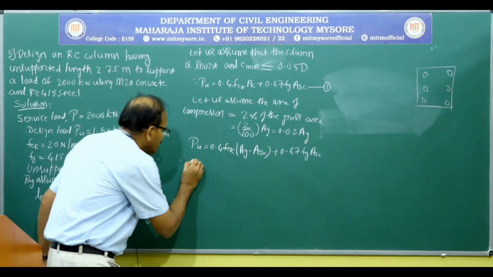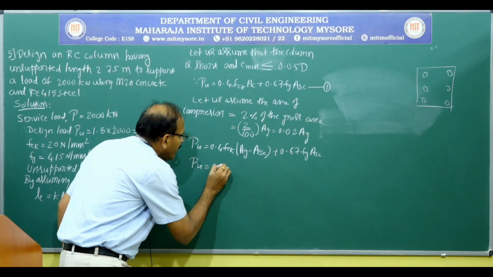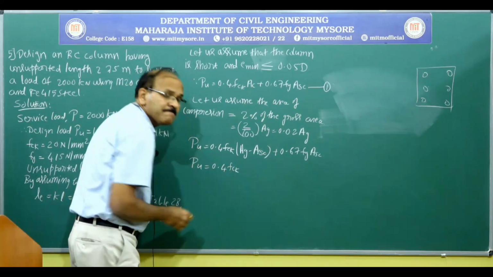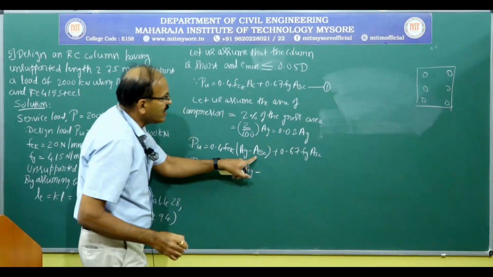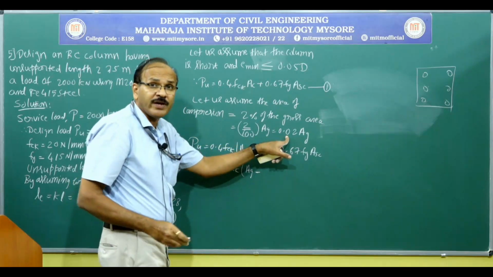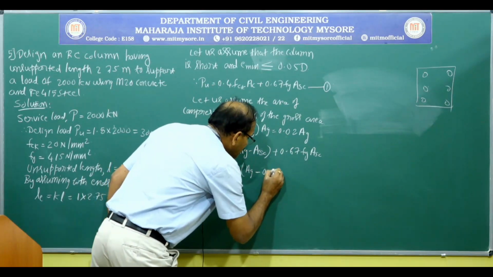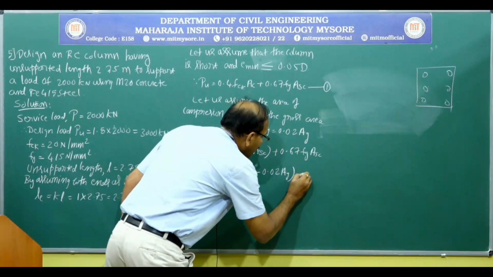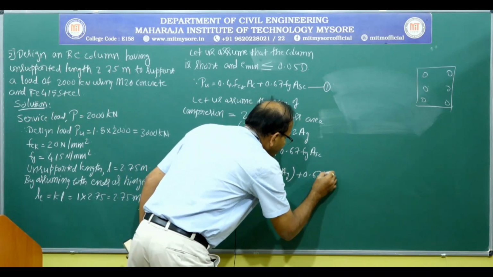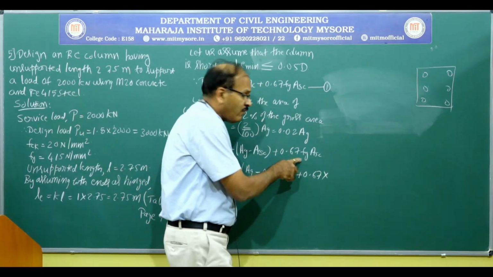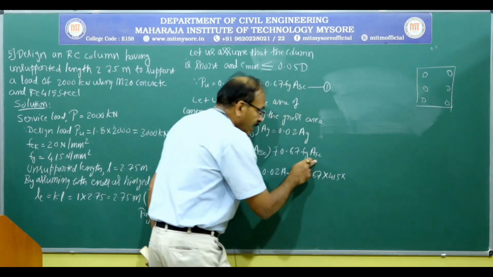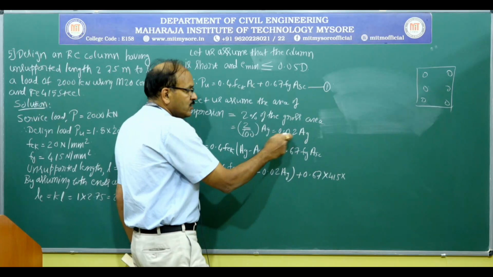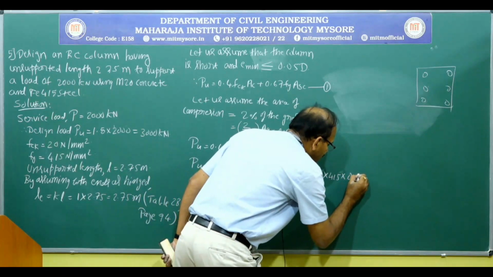Going further, Pu equal to 0.4 fck and Ag, in place of Asc I am going to substitute 0.02 Ag, plus 0.67 into fy, that is 415, and in place of Asc I am going to substitute 0.02 Ag.